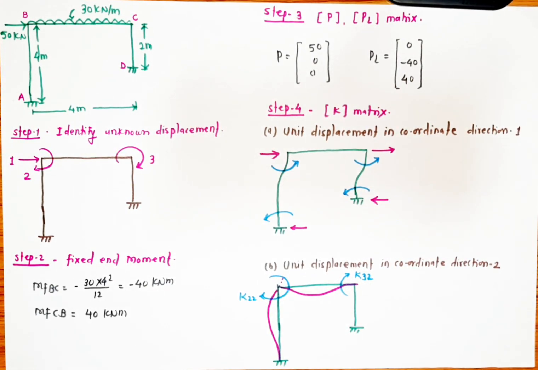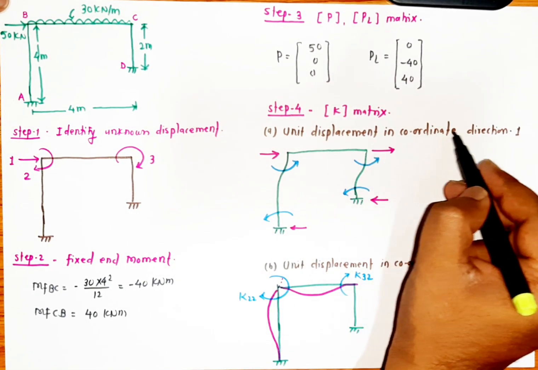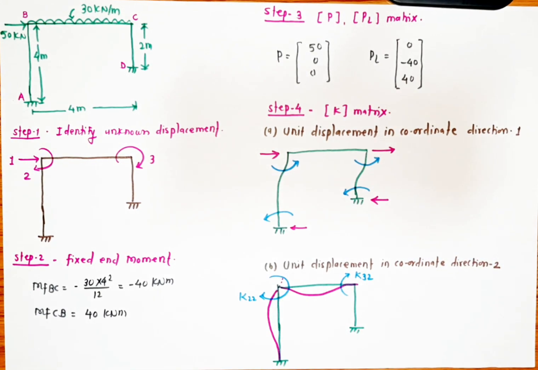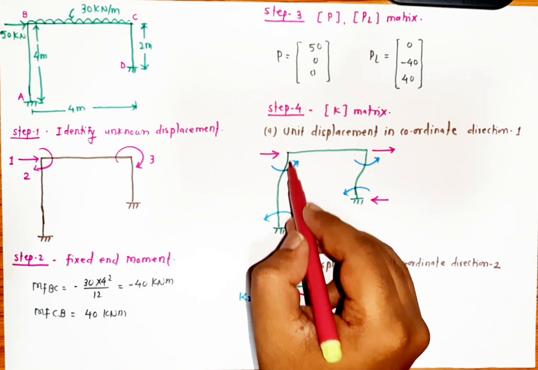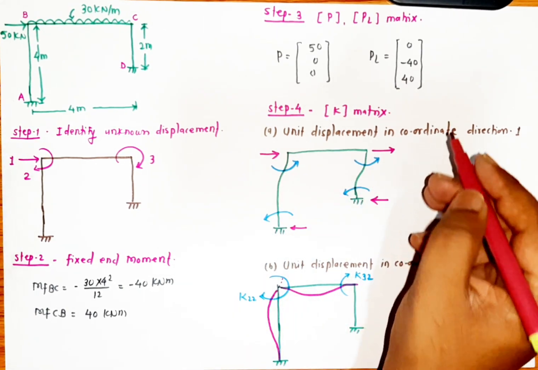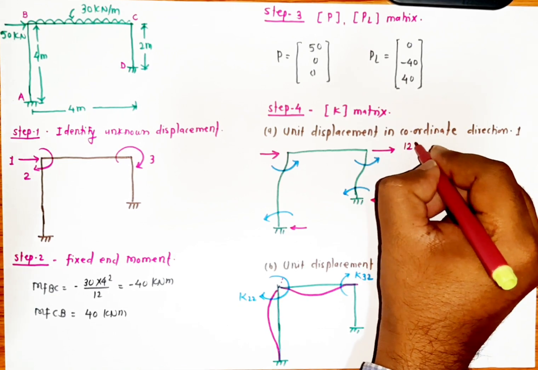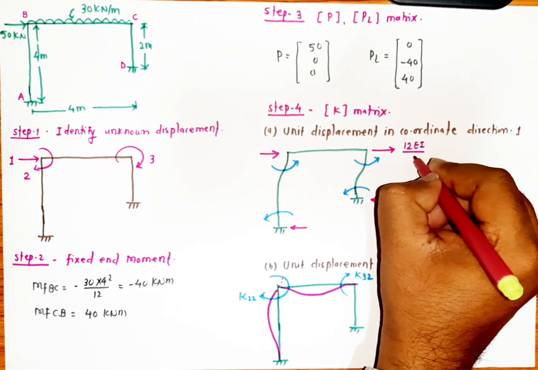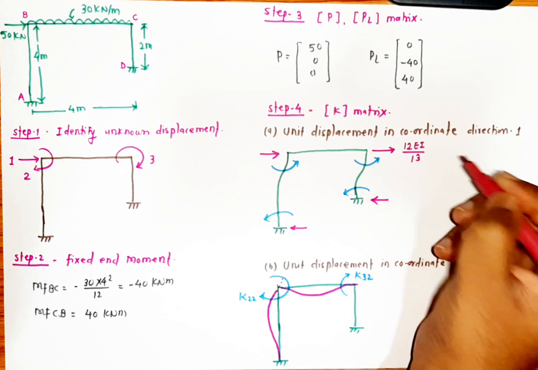Now next step is to find the K matrix. For that, first give the unit displacement in coordinate direction 1. Whenever we give the unit displacement in coordinate direction 1, it will deflect like this. When it deflects, it will have the value of 12 EI divided by L cube.